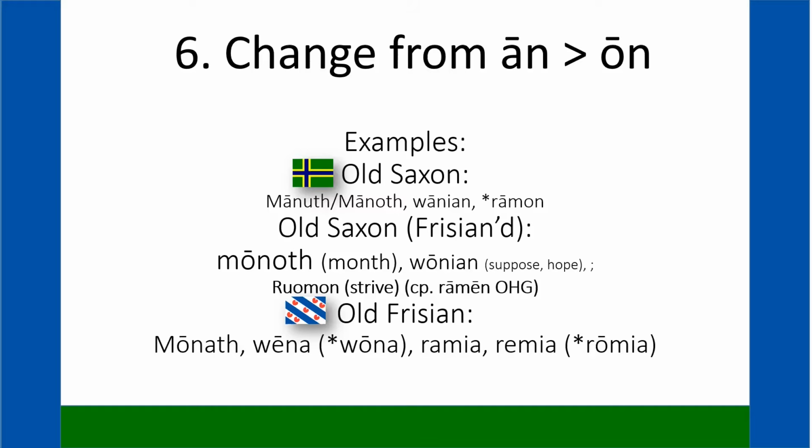On the surface, it looks like High German influence, or it could be a mixture of both. But who knows whether this would have a slight High German influence mixed in with Frisian influence. And then finally, we have in Old Frisian proper, monath, wena, or if you will, wona, ramia, remia, or reconstructed romia. Moving on.